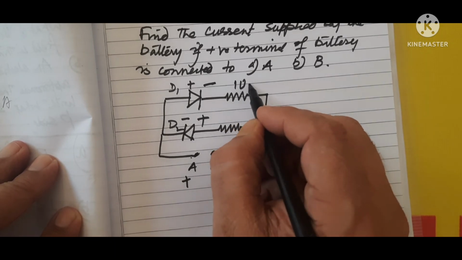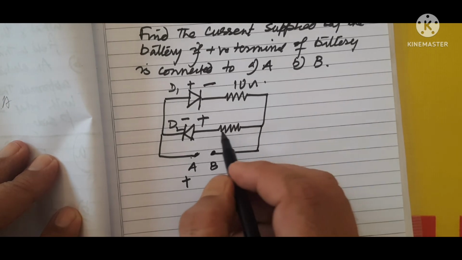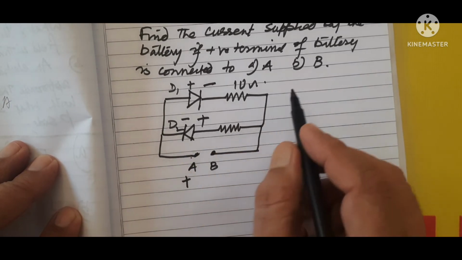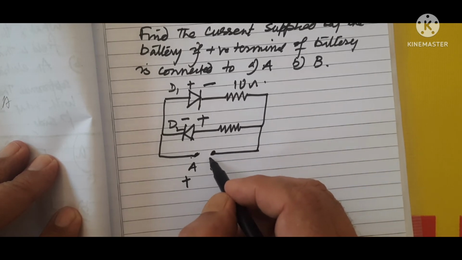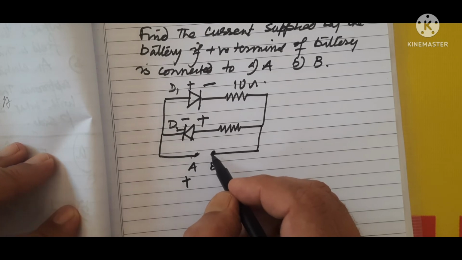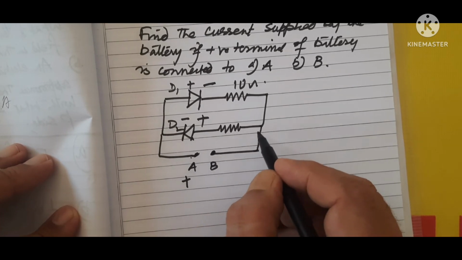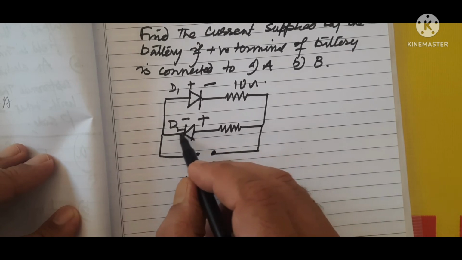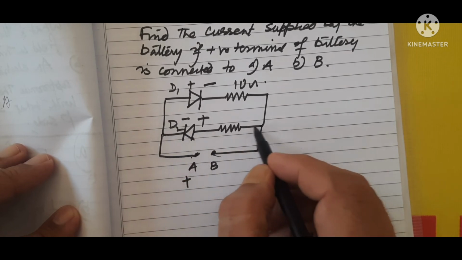And then we have to find the current. So current means I is equal to V by R. V is given, so V by R only.